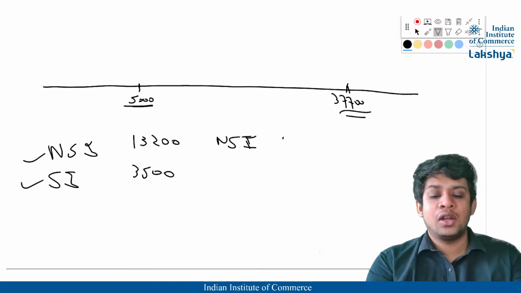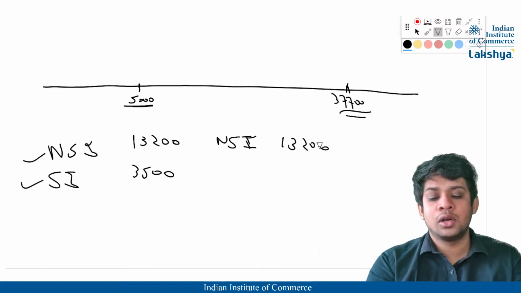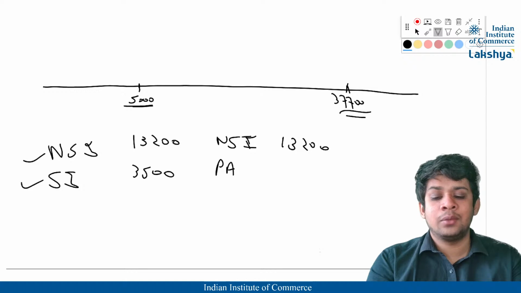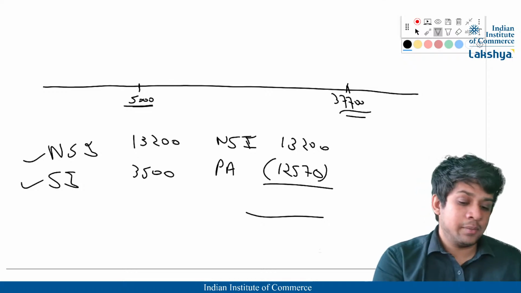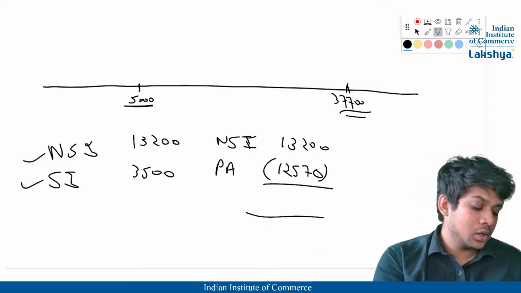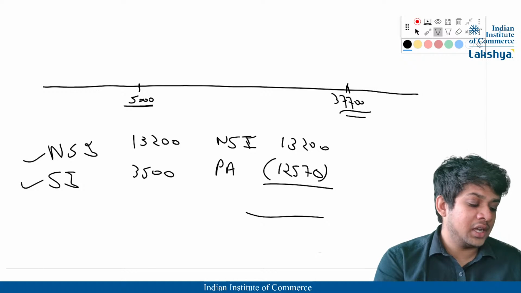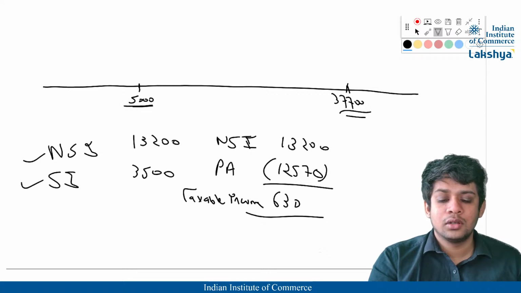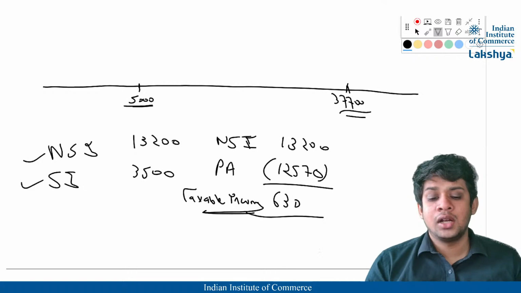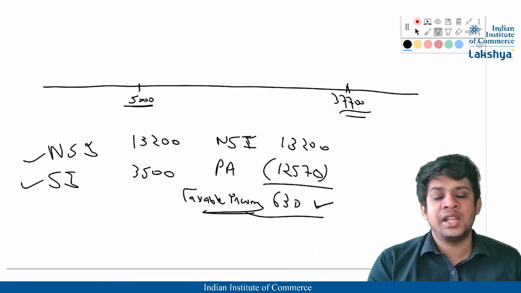So here my non-savings income is 13,200. From this, the first thing that will be deducted is the personal allowance of 12,570. Correct? So what is the remainder? 13,200 minus 12,570 gives me 630. So my taxable non-savings income is just 630, guys.